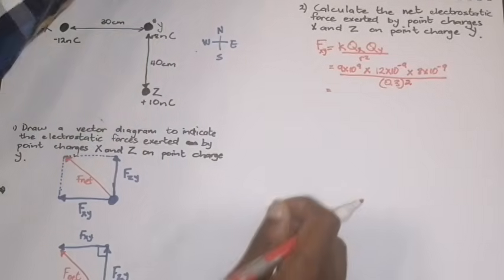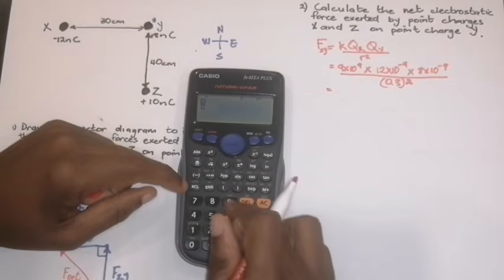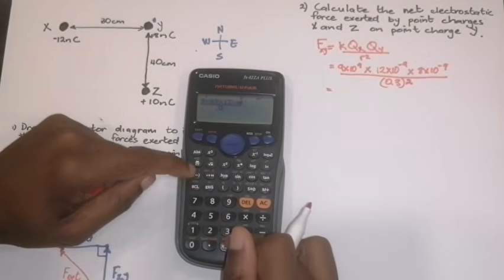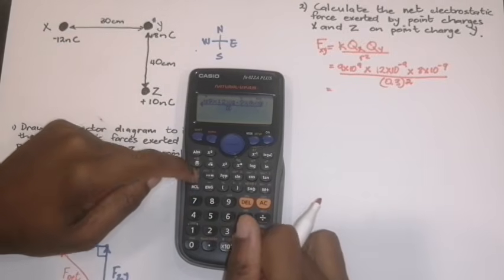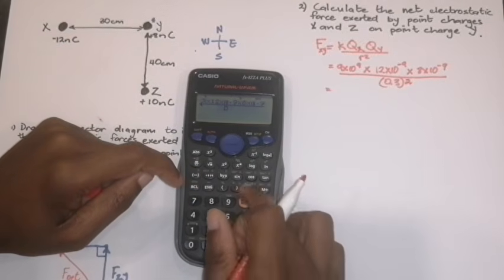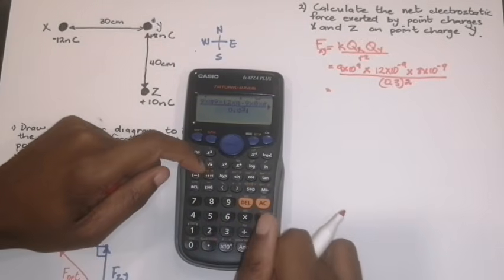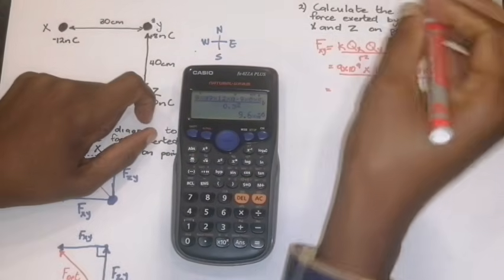All right, so we'll work that out quickly. That's 9 times 10 to the 9, multiplied by 12 times 10 to the minus 9, multiplied by 8 times 10 to the minus 9, divided by 0.3 squared, and that's going to be a terrible figure.